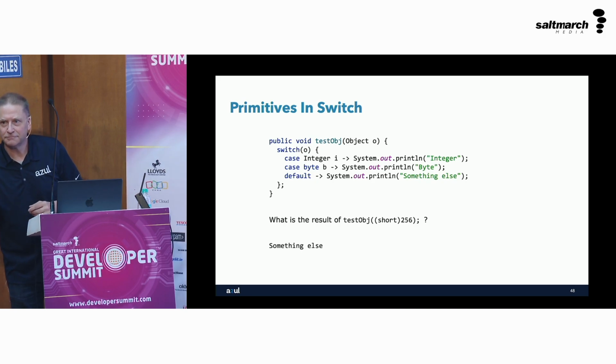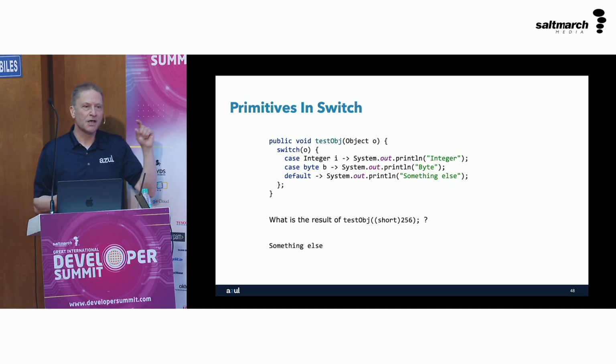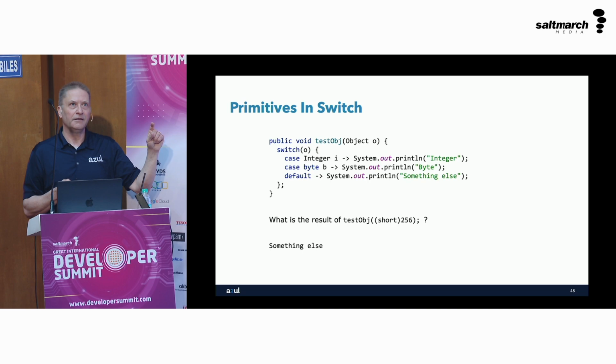So say that again. The question was, can you have an integer type reference and an integer primitive reference? I think the answer to that is no. I'd have to check it, but I'm pretty sure you can't do that because you're basically representing the same thing, because you can only pass in either a primitive or an object.